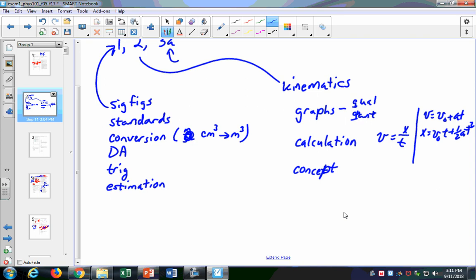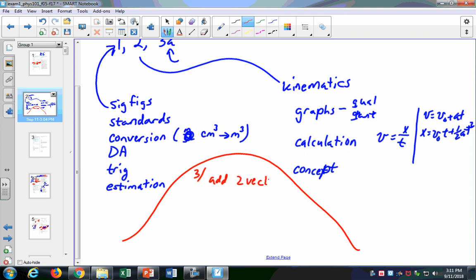And then the third, Chapter 3, you will see vectors. There were, I think, 5 or so questions from this chapter. You're going to have to add 2 vectors numerically. Actually, there were 2 questions on the test that I gave you where you have to add 2 vectors numerically.